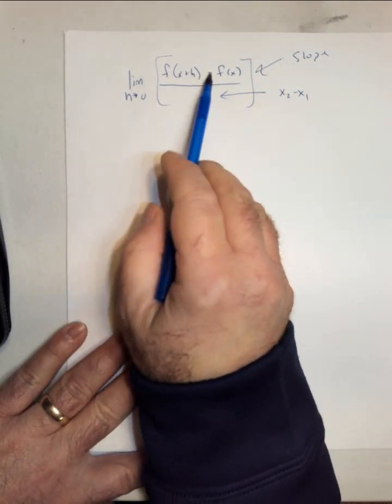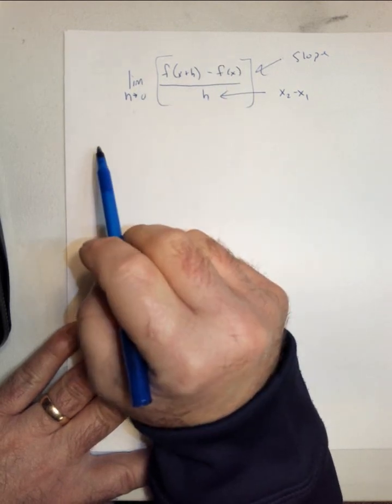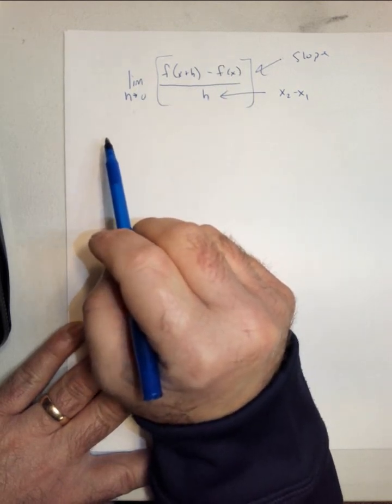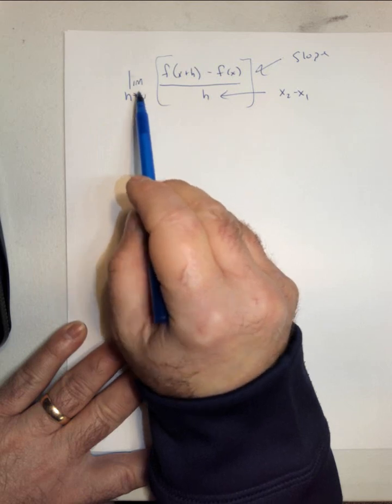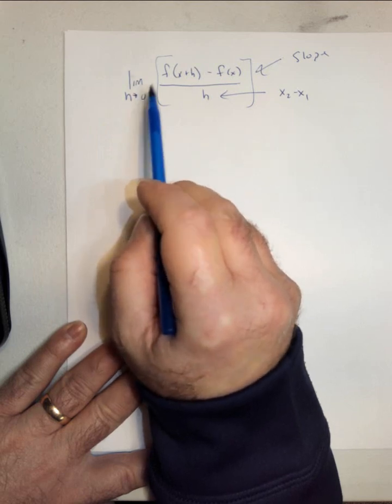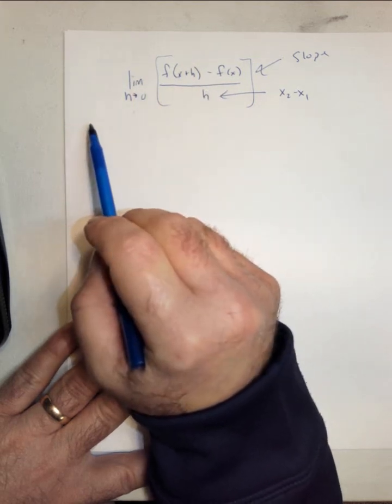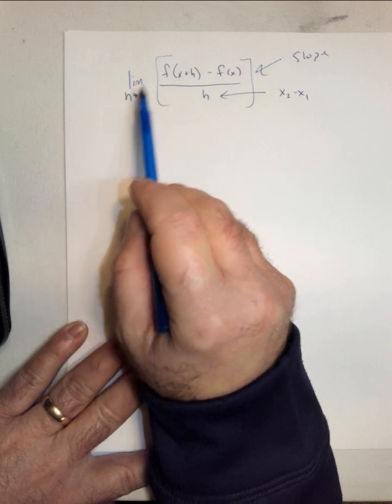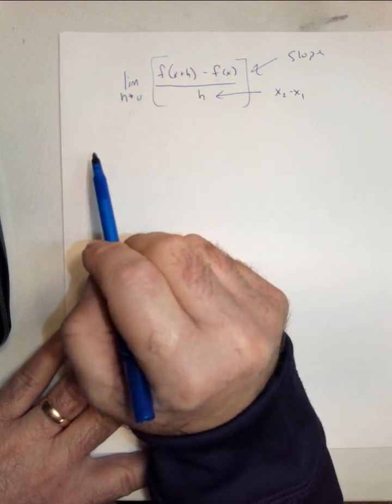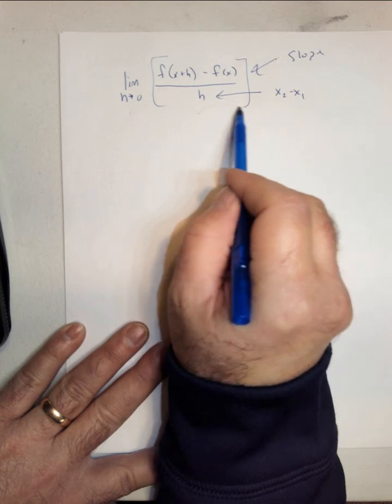So we're always going to have a hole here. Always, always, always. When we are able to find the limit as h goes to 0, then we're able to find that instantaneous rate of change because that's the slope formula. This is our difference quotient.